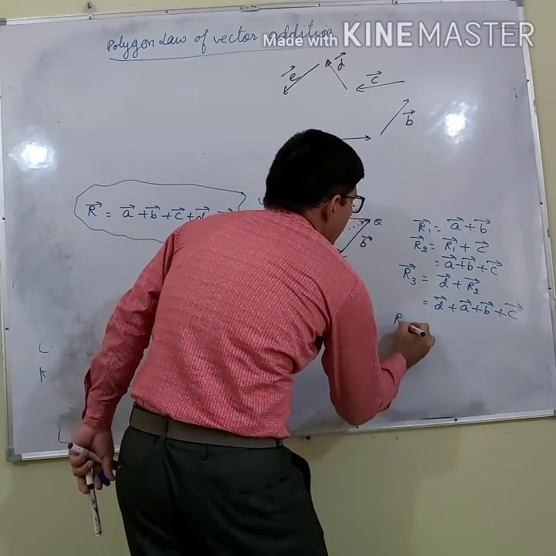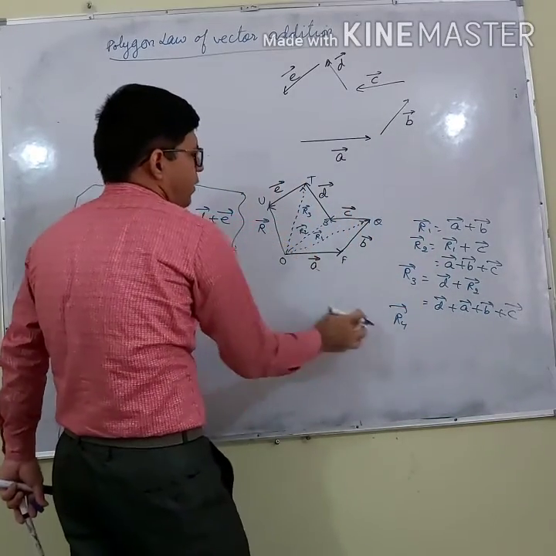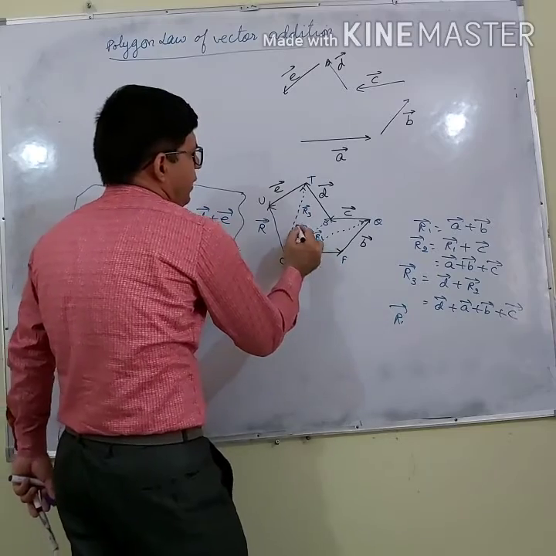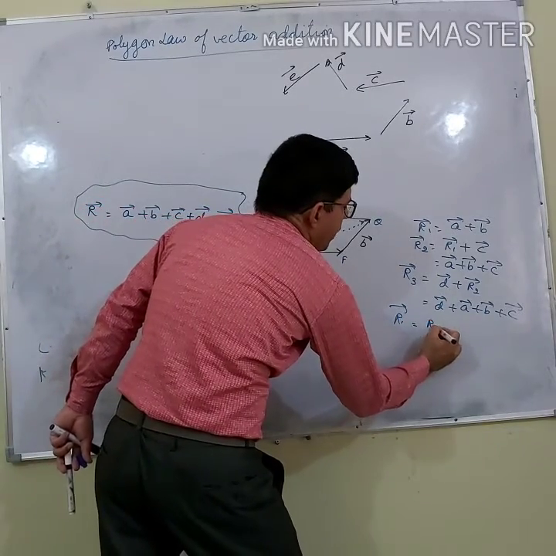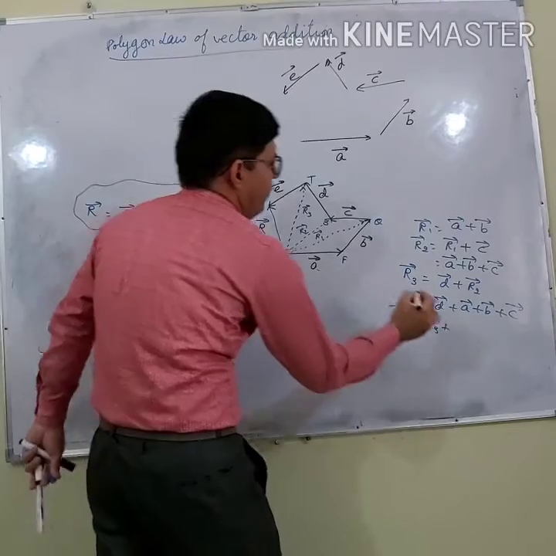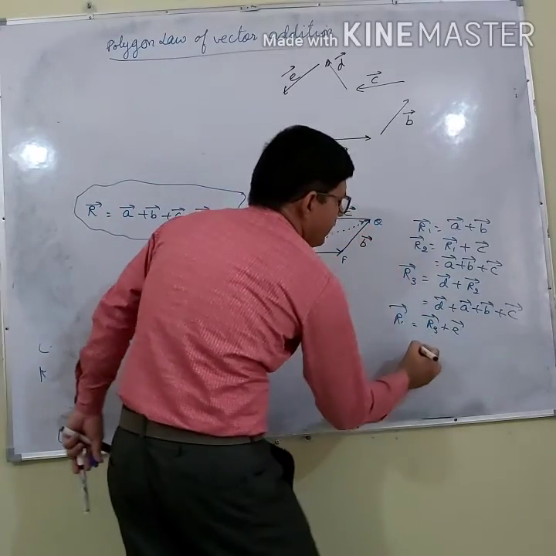And what is R4 in that triangle? No need for R4, it is R. R4 is equal to R3 plus vector E. And what is R3?